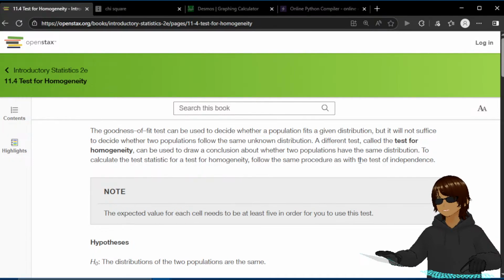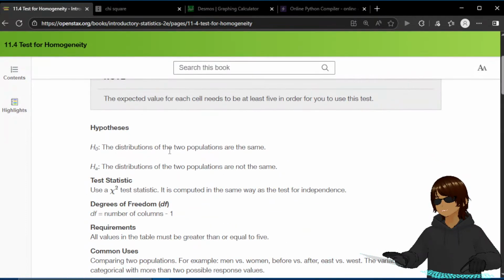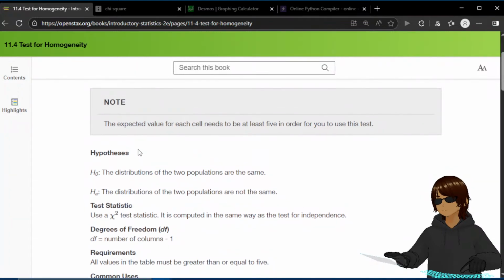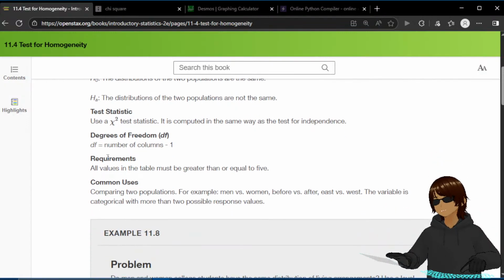Follow the same procedure as with the test of independence. The distributions of the two populations are the same, and the distributions of the two populations are not the same. Okay, so that's what homogeneity means, right? Degrees of freedom is number of columns minus 1. All values in the table must be greater than or equal to 5.